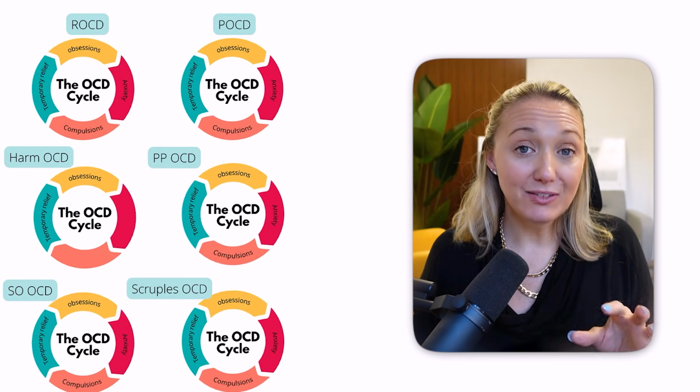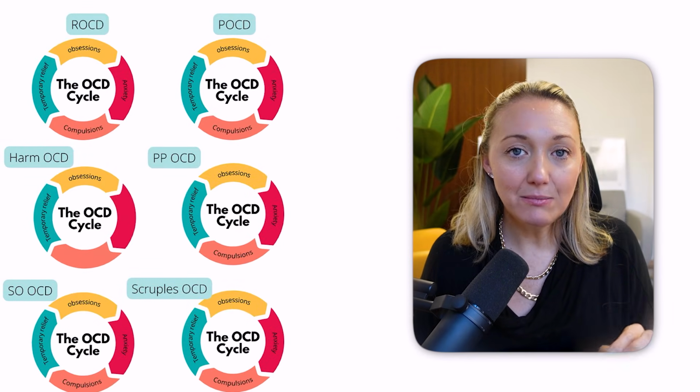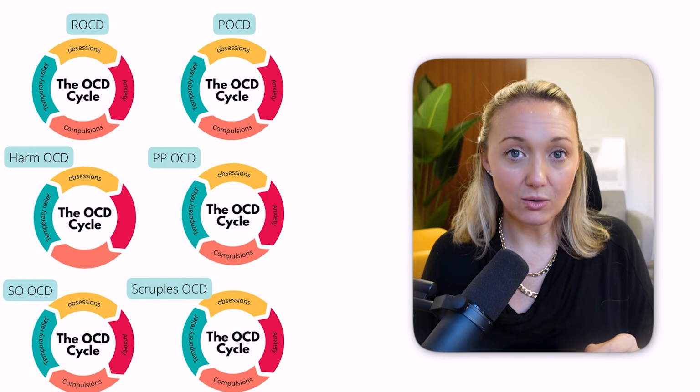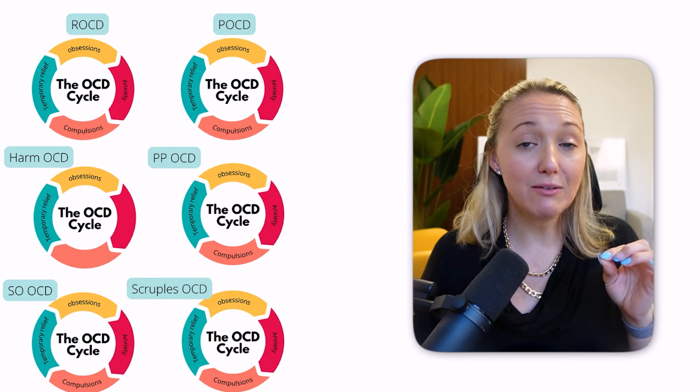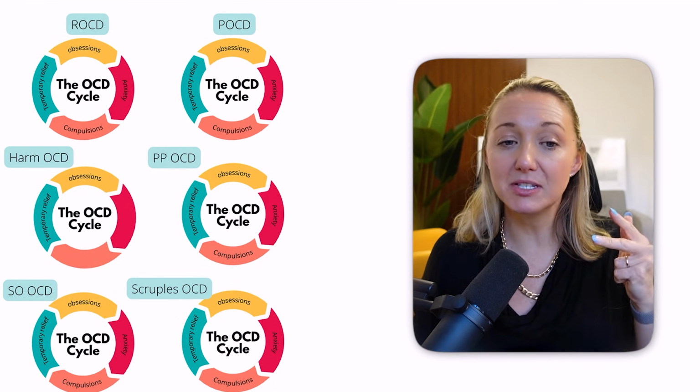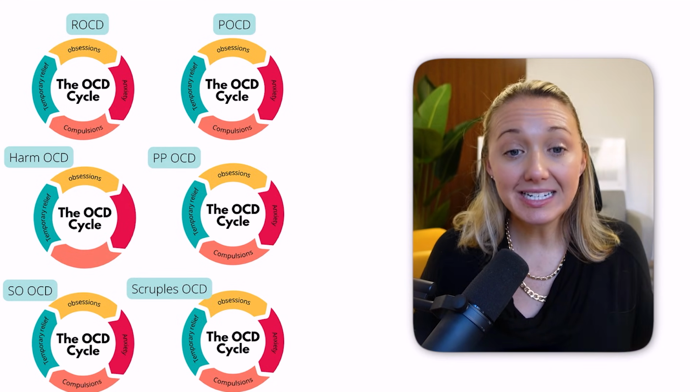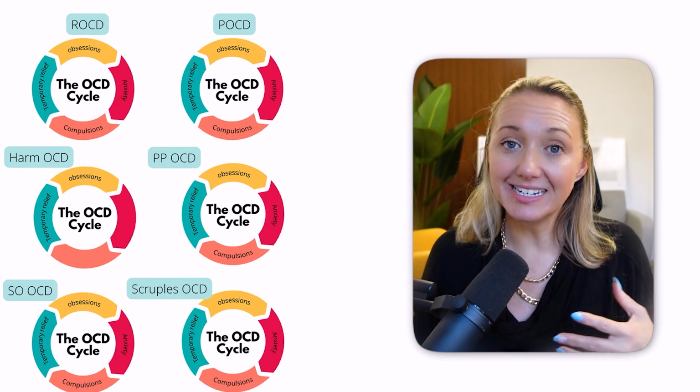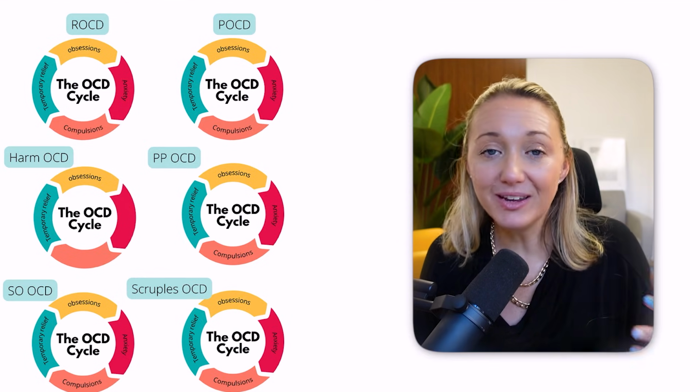Now, what you have to remember is that same exact cycle happens no matter whether you have relationship OCD, you have postpartum obsessions, harm obsessions, whether you have sexual orientation obsessions or scrupulosity or contamination or health anxiety, whether you have panic disorder, it doesn't matter. It's the same exact strategy used by OCD.